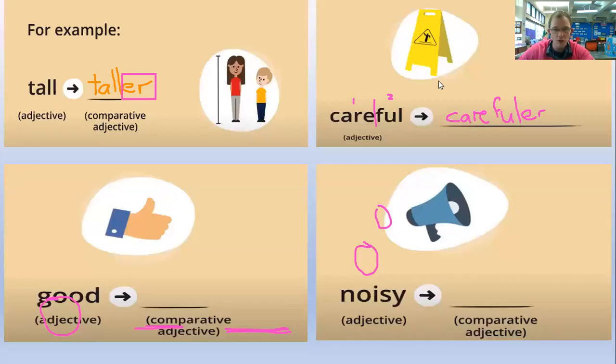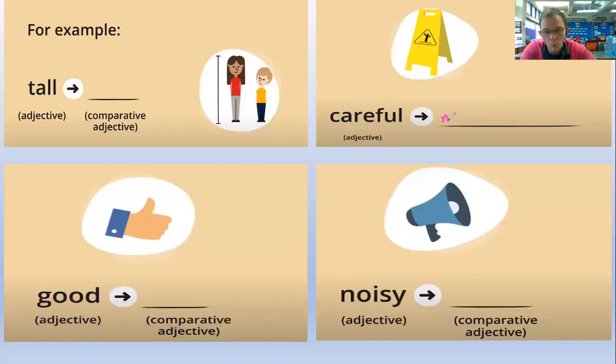So for careful, the correct answer will be more careful. She's more careful than he is. We're more careful.